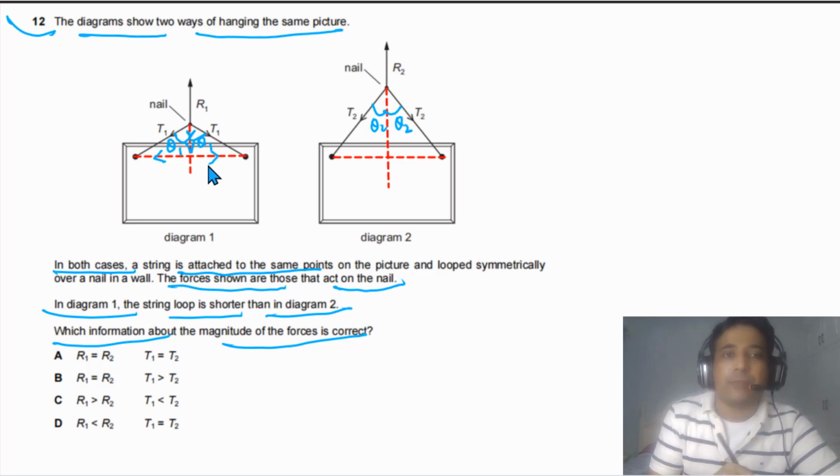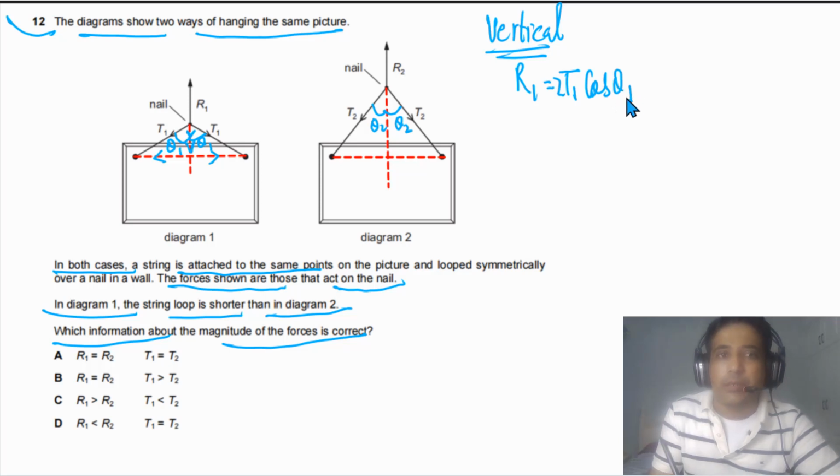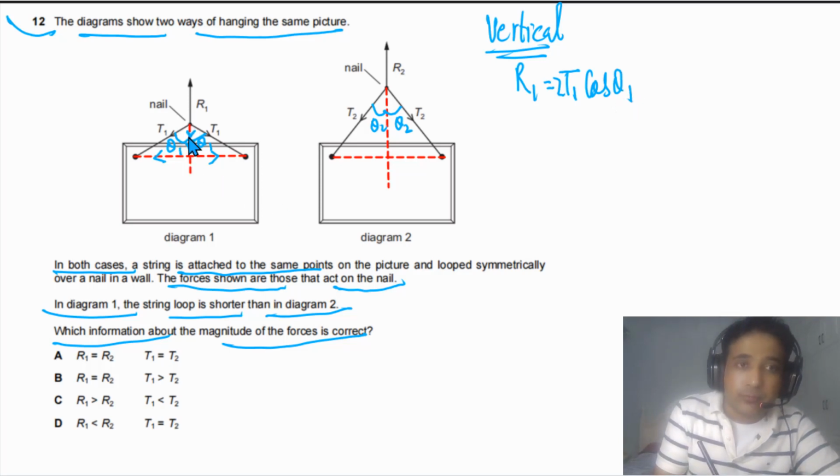So if we resolve vertically, so simply we can say along vertical, R1 in this case has to be equal to 2 times T1 cosine of theta 1, because this component is with angle.